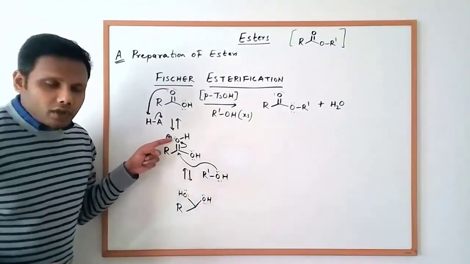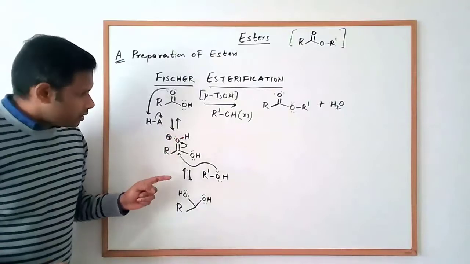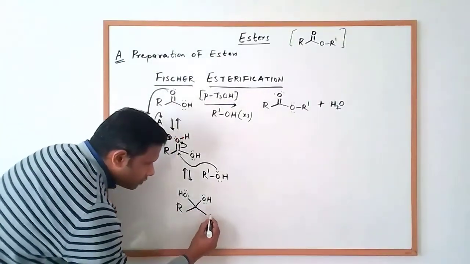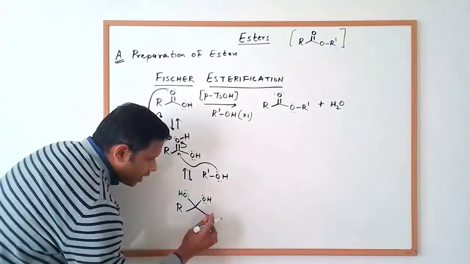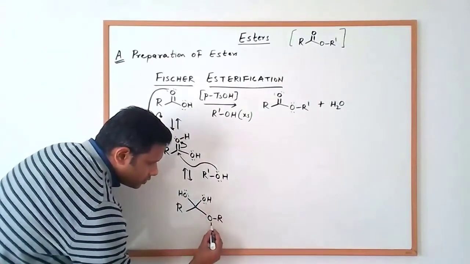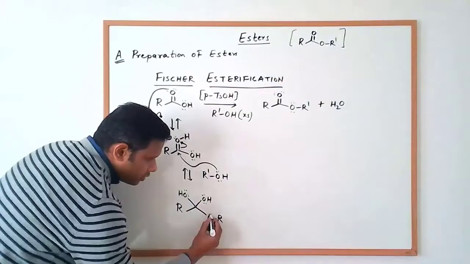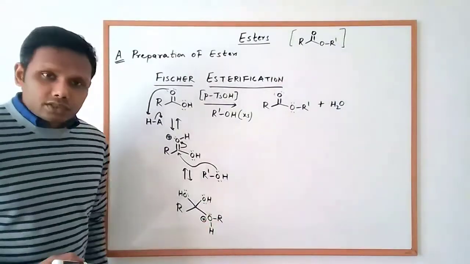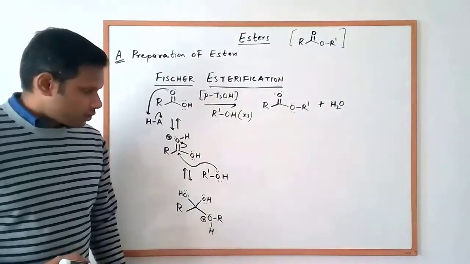Notice the double bonded oxygen with the hydrogen on it becomes another hydroxyl group. And we would have the alcohol connected to that carbon through the oxygen atom, and the oxygen would have a formal charge on it.